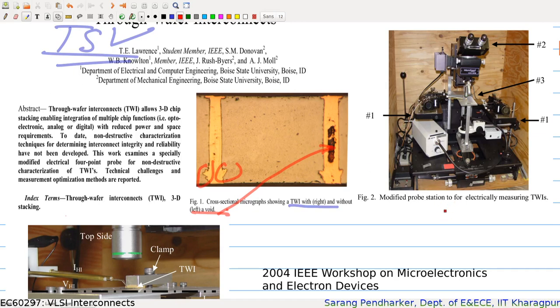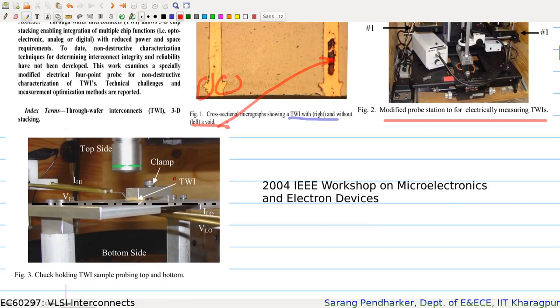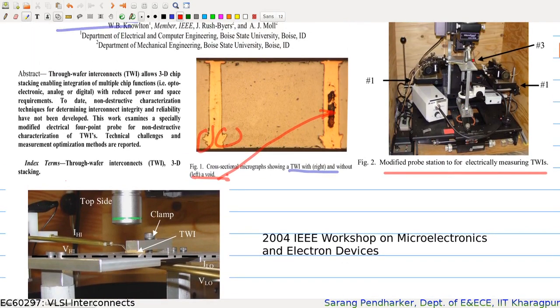For that there is a probe station. This is a schematic figure of a probe station, and here is the zoomed in version. You can see there are different probes here.